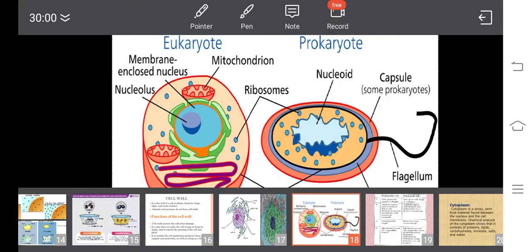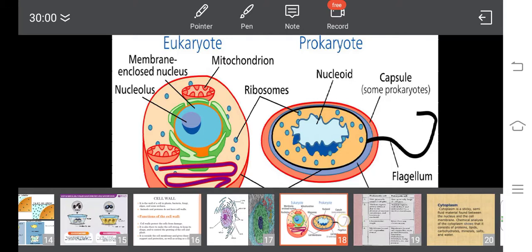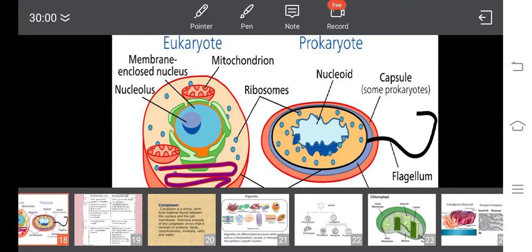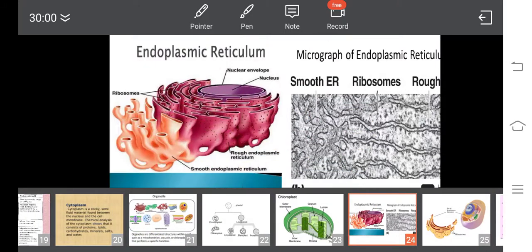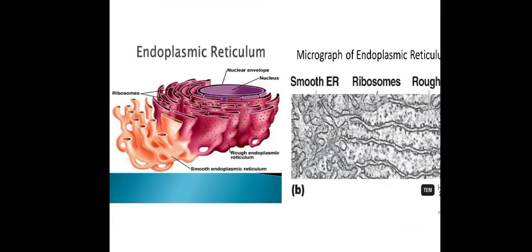The structures which form the network in the endoplasm are termed endoplasmic reticulum. When you see the image, you can see these are network-like structures. These network-like structures are attached to the nuclear membrane or the plasma membrane.